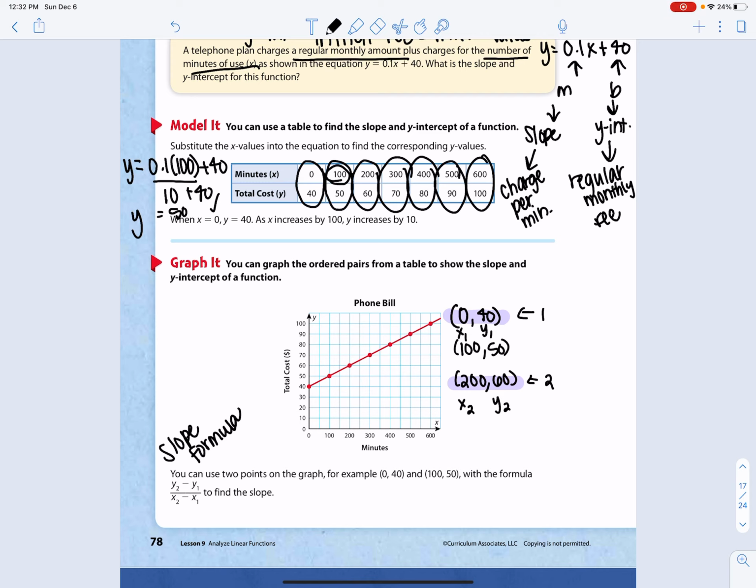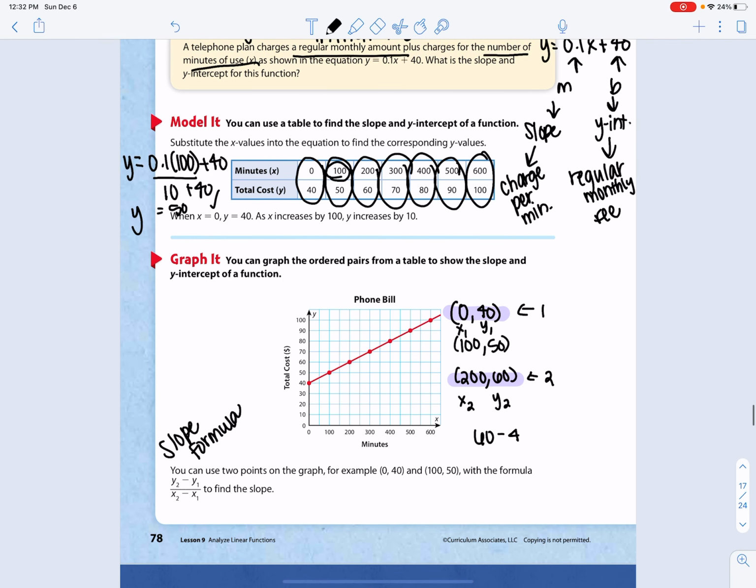So let's do y2, which is 60, minus y1, which is 40, divided by x2, which is 200, minus x1, which is 0. So we have 60 minus 40, which is 20, and 200 minus 0, which is 200.